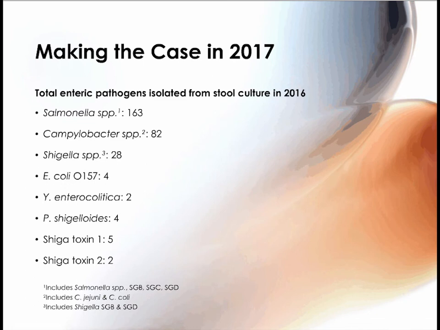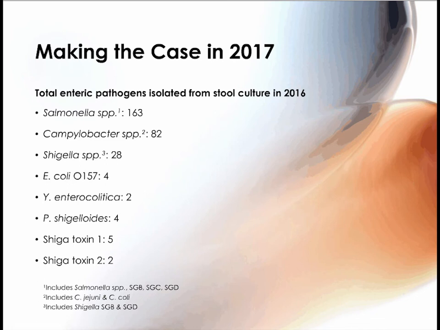While making the case, one of the important steps for us was to go back and look at the incidence and prevalence of some of the organisms that we are able to screen for in stool culture. Salmonella has the highest prevalence in our institution. The second one was Campylobacter, but each of them accounts for a very important amount of the stool culture results.